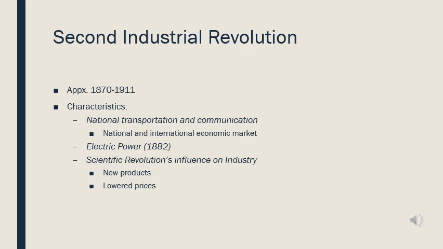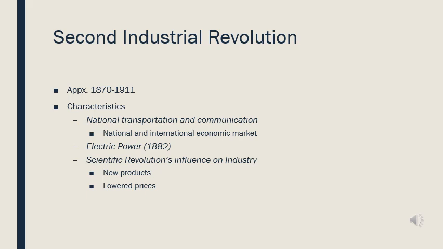And then the inclusion of science also figures out how to make things a little bit more efficient and faster, and that is going to lower prices on materials overall. For example, it's during this time that they figure out a way to create steel more efficiently by using pig iron ore. And so the mining of the iron ore becomes more efficient during this time.